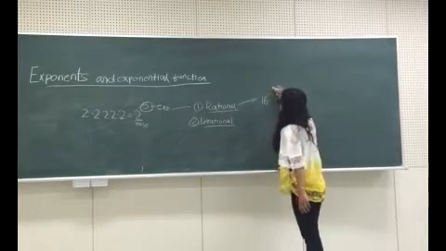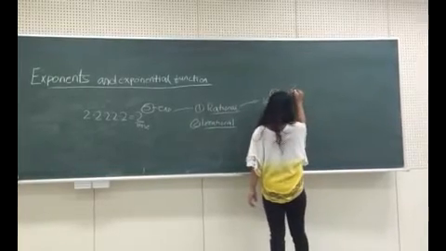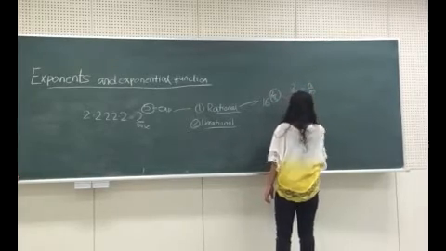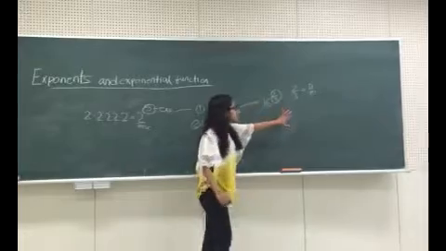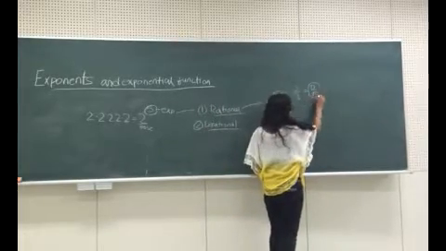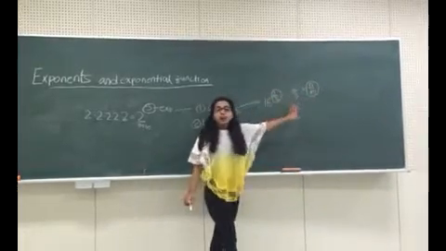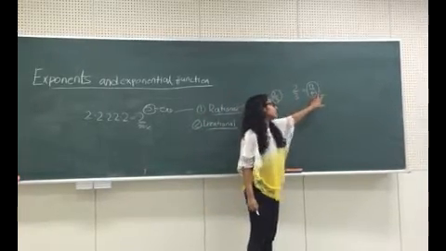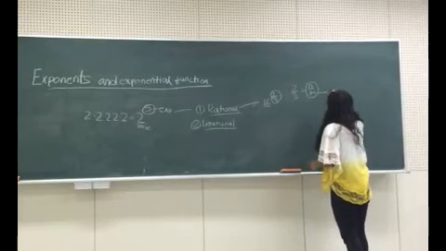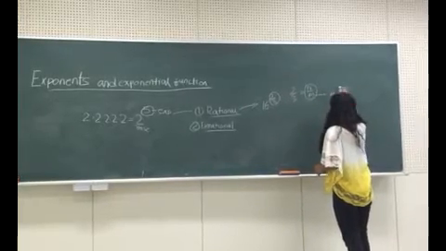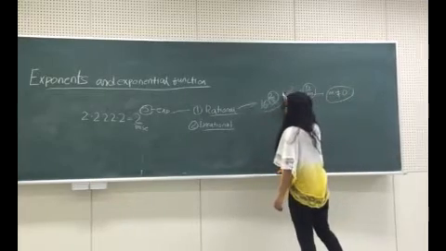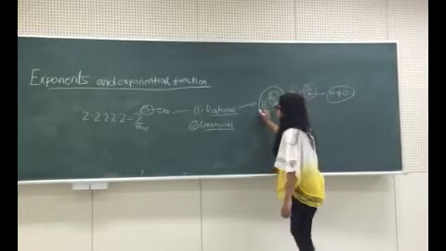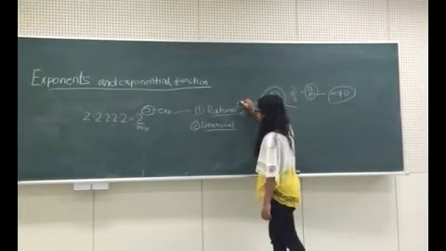So let us assume this 2 by 3 as n by m. So there's basically a rule in exponent that if the power raised on the number is in the form of n by m, where m is not equal to 0, then we can say that this number with the raised exponent becomes the rational exponent.